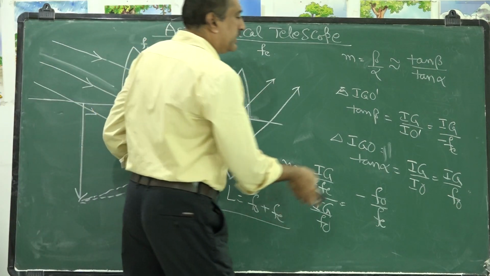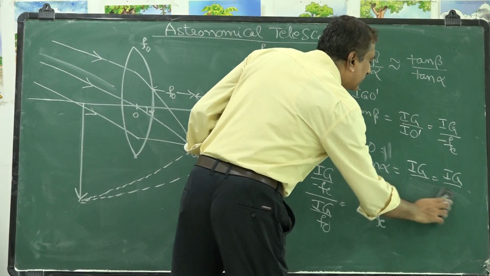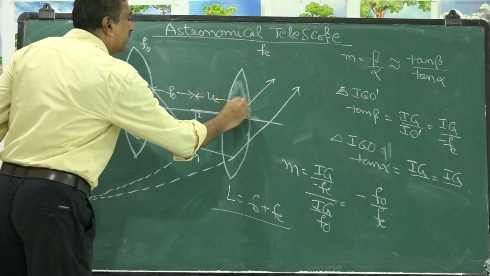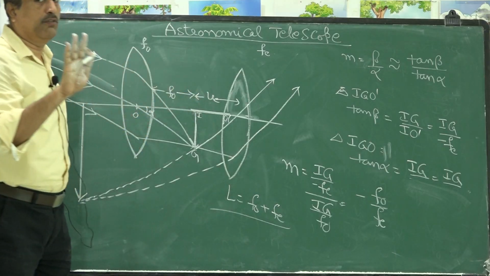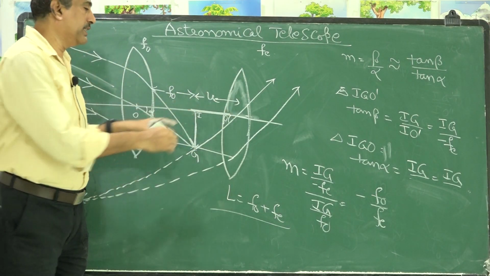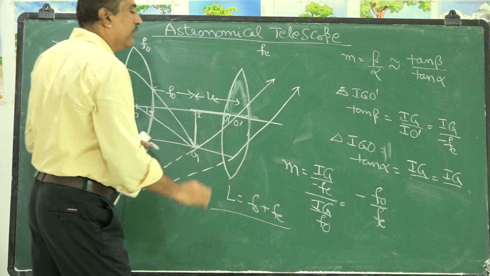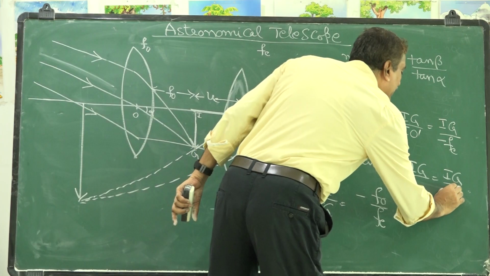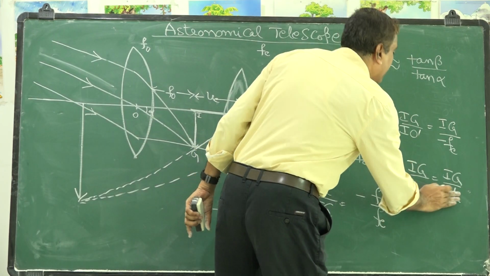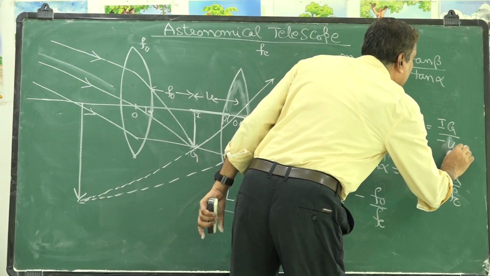Just we can change this FE, and here the distance is UE, it is not equal to the focal length because the image is in between the focus and the optic center. So, if the object distance is UE, this is F naught. In this case, we have to write minus UE.